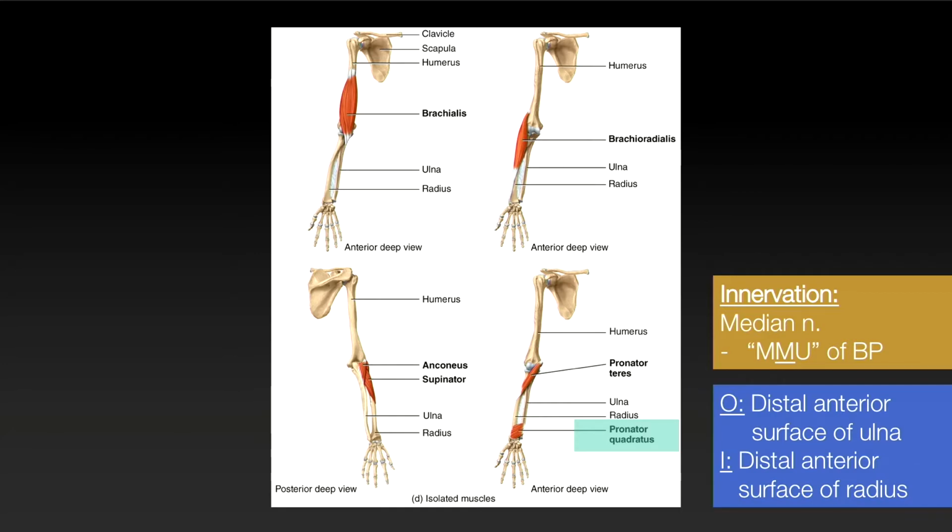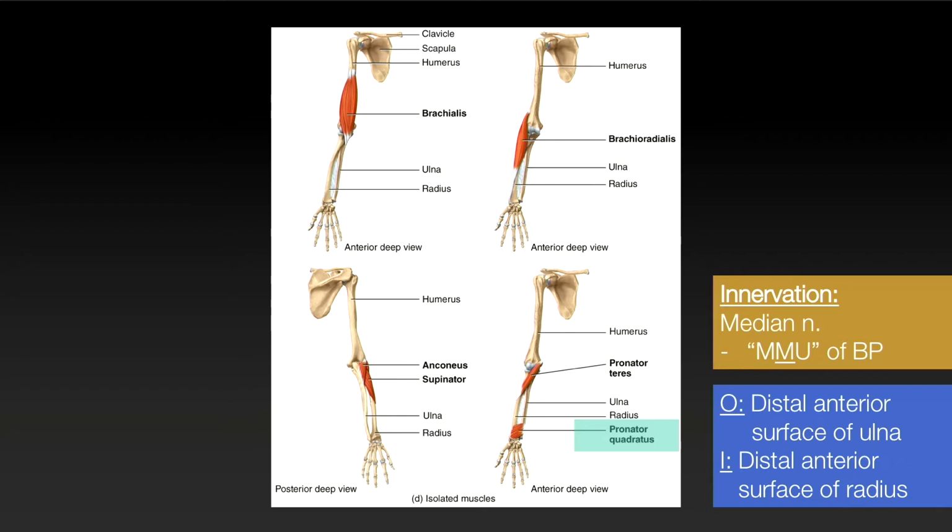And pronator quadratus essentially just spans the most distal parts of the radius and the ulna. The most distal parts. And it's perpendicular to the bones, if that makes sense.